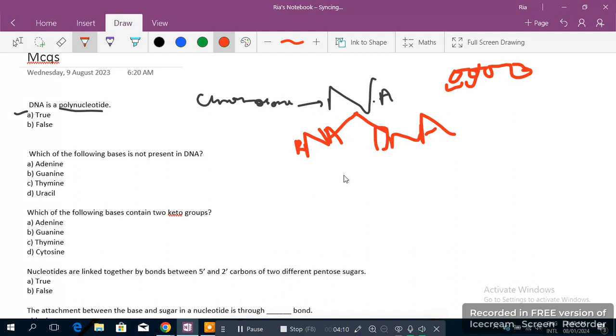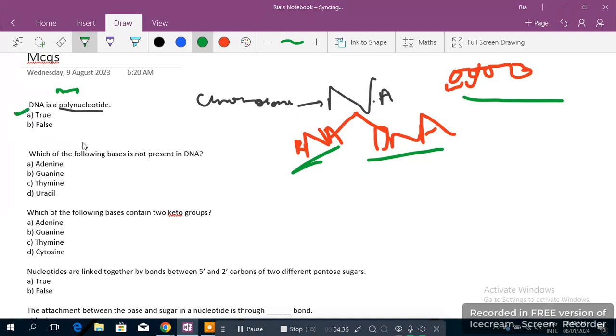Poly means many. This means many nucleotides are combined to form DNA, and that's true. So the right answer is true here.